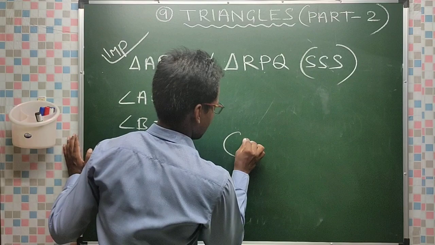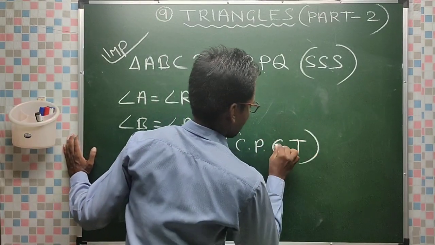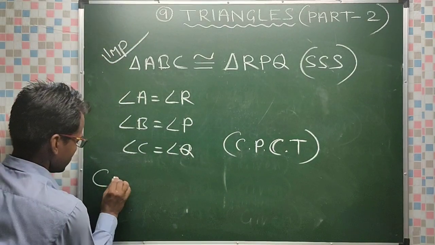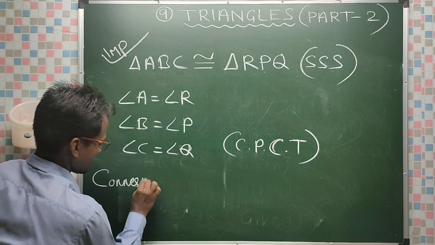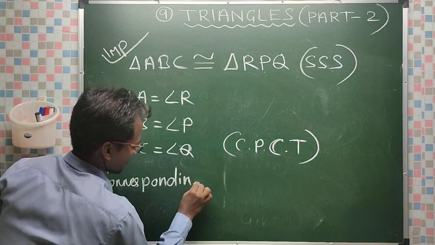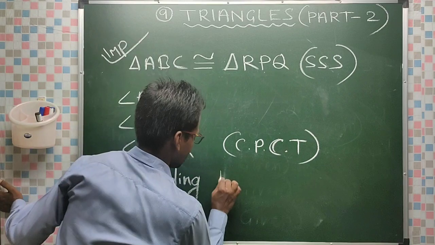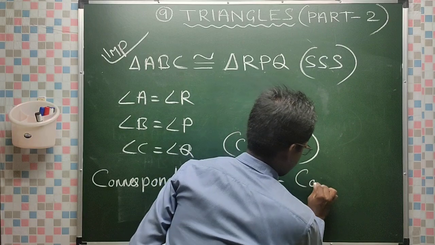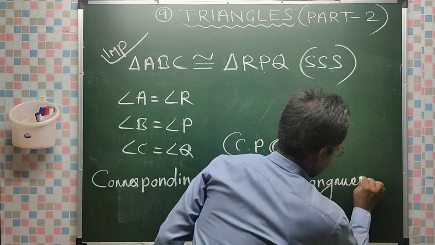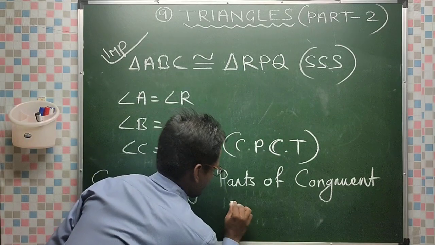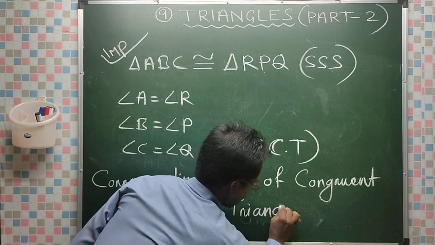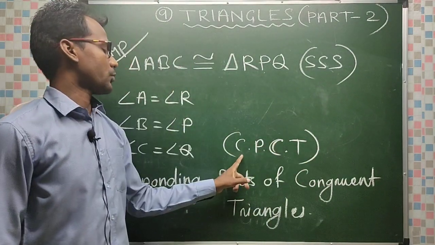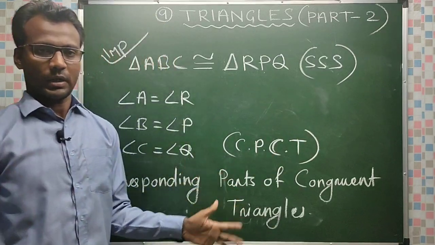This is called CPCT. CPCT means corresponding parts of congruent triangles are congruent, meaning equal.